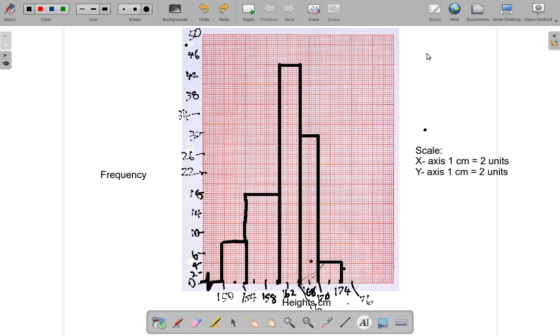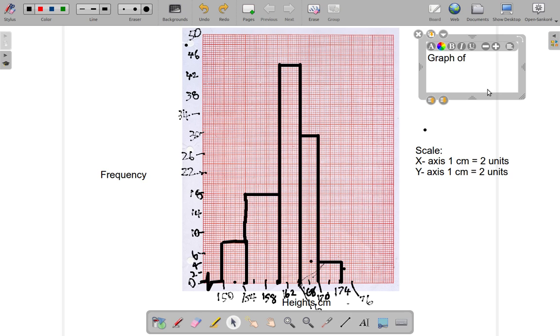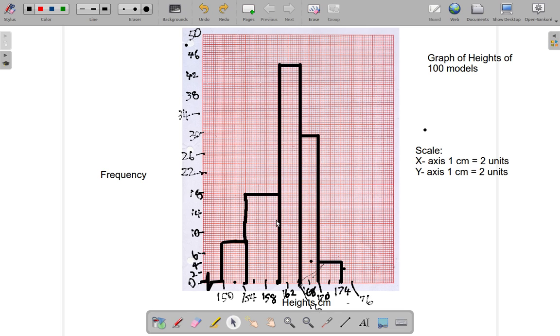And we can label the entire graph as graph of heights of 100 models. I just made up that description of the graph, or it could be a title of the graph, whatever the case is.